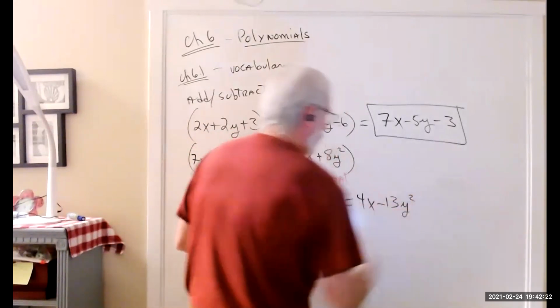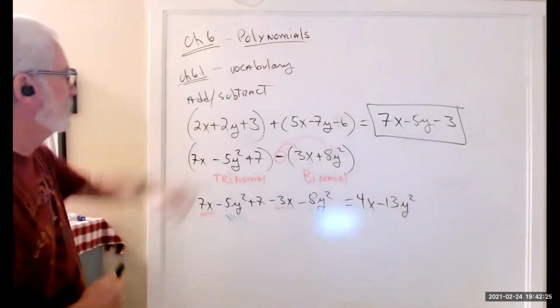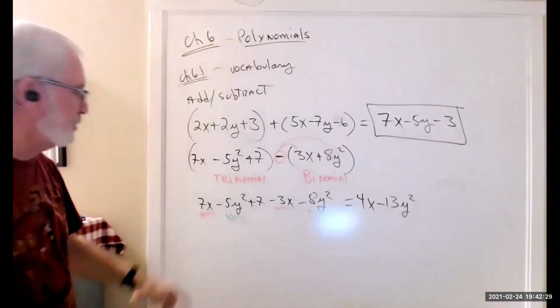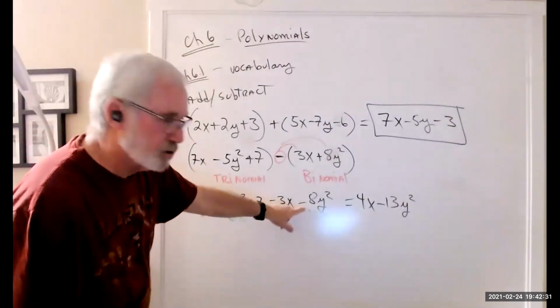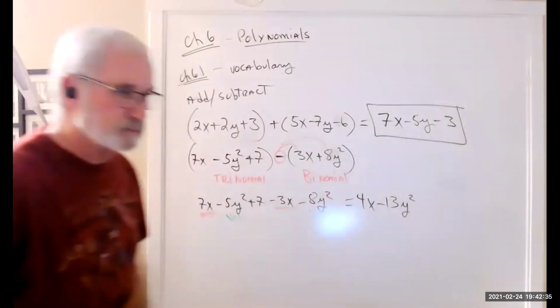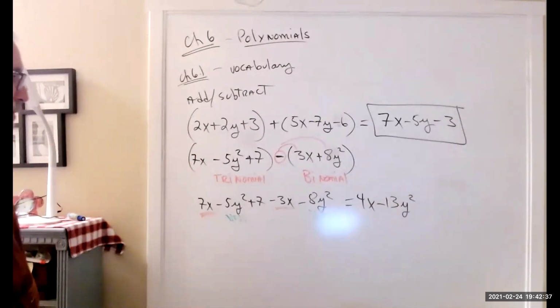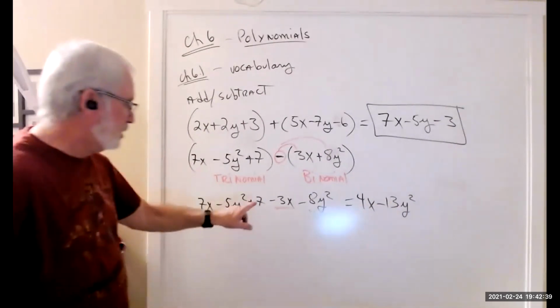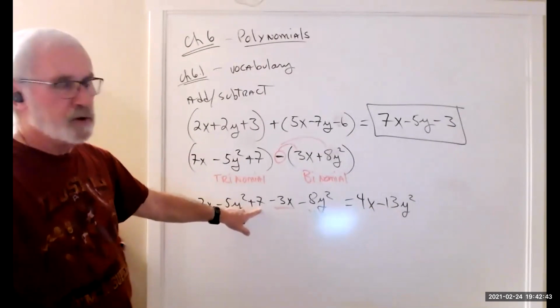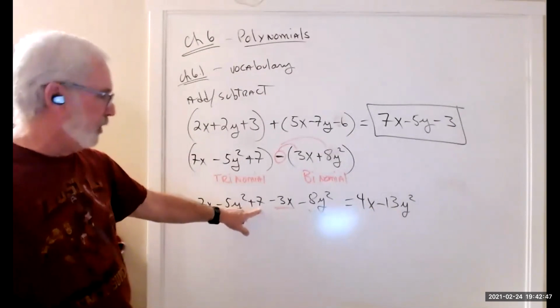So remember, when you add or subtract polynomials, you only add or subtract the coefficient and you just stick the variable on it. Last thing, 7. Well, 7 is a normal number. So the only thing 7 can add or subtract with is another normal number. There aren't any more.